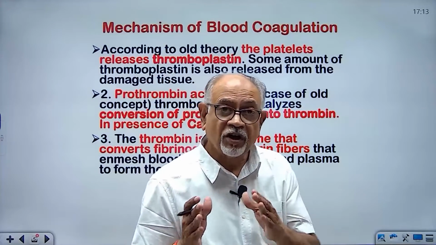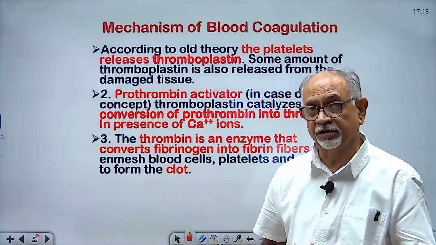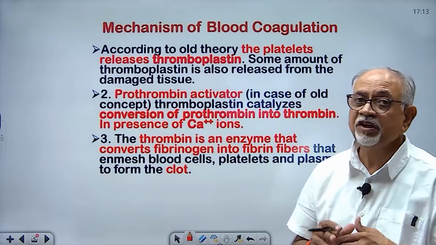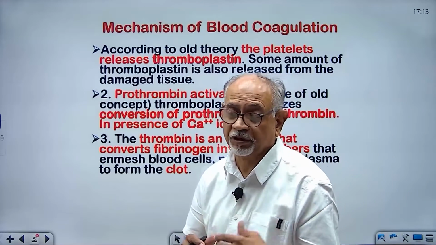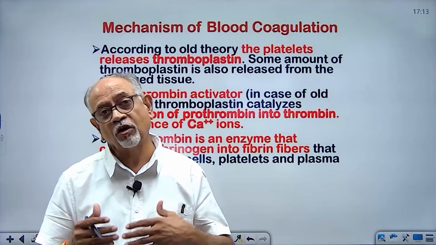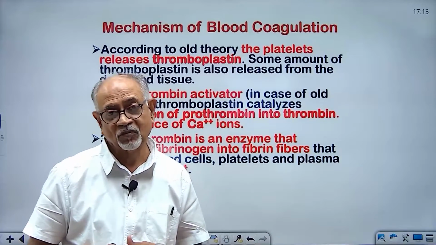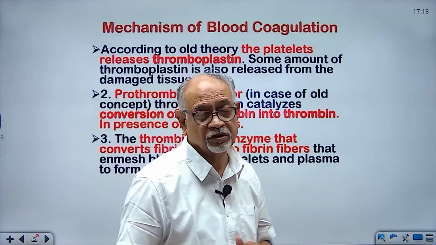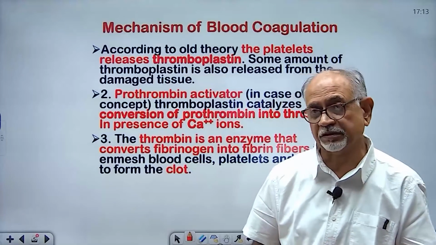But for converting Fibrinogen into Fibrin, an enzyme is needed called thrombin. This thrombin is also present in the blood, but it is present in an inactivated form called prothrombin.